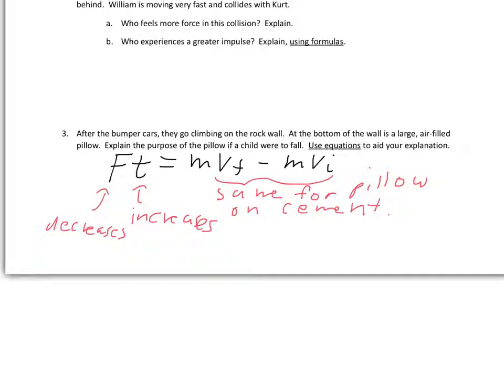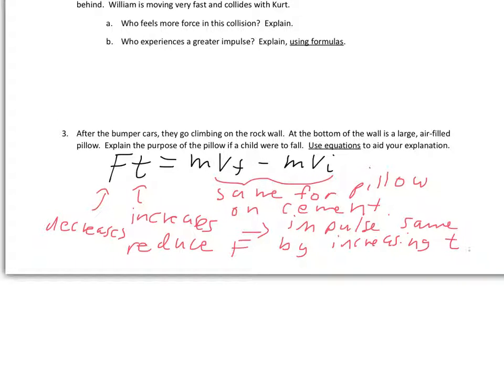What this actually means is the impulse is the same. And what happens is we reduce force by increasing the time. And that's the key. That's the key to doing this problem.